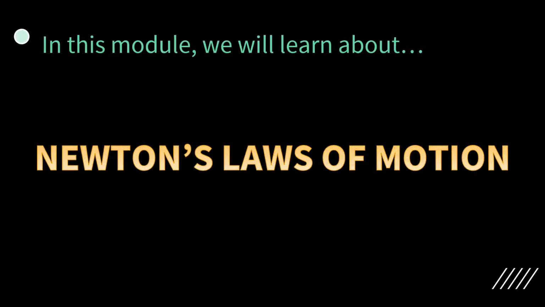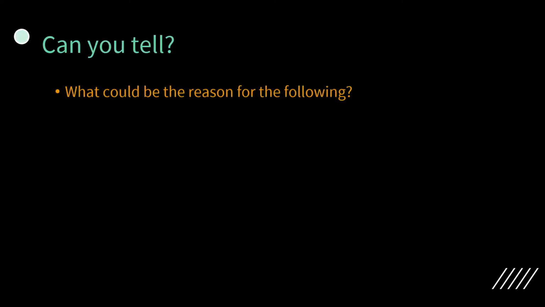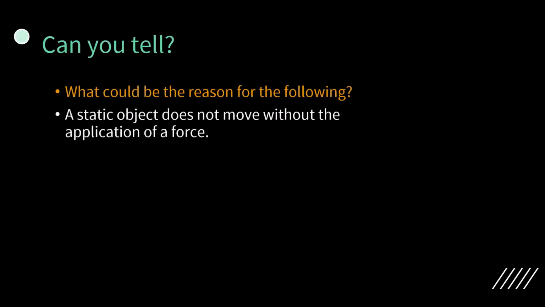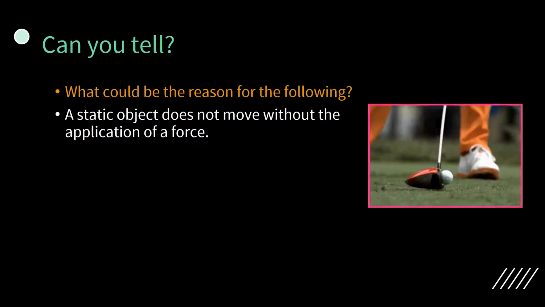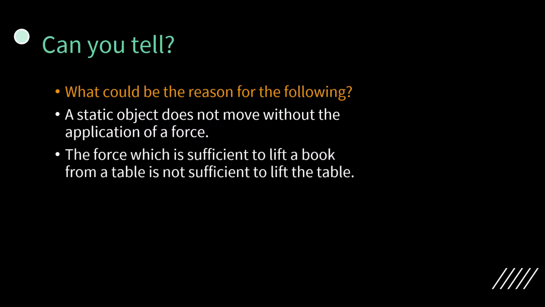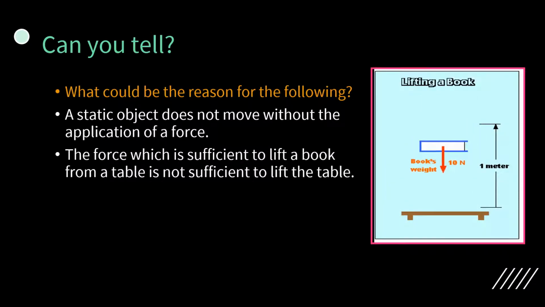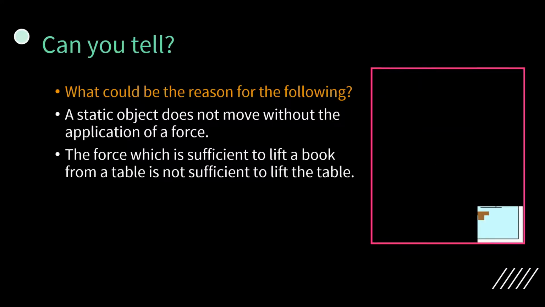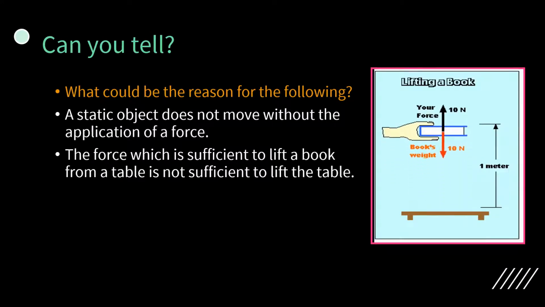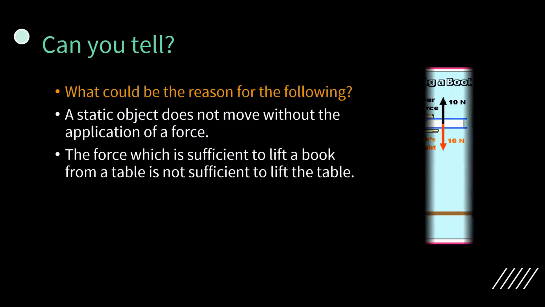Children, can you tell what could be the reason for the following incidents? A static object, meaning an object at rest, will not move without applying a force. Then, a force which is sufficient to lift a book from a table is not sufficient to lift the table itself, isn't it?